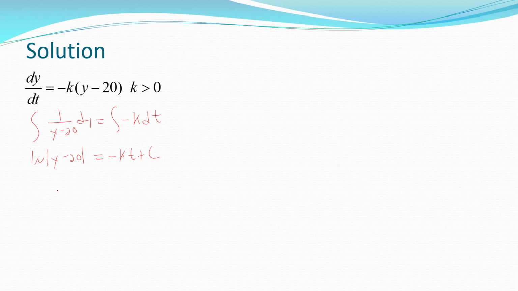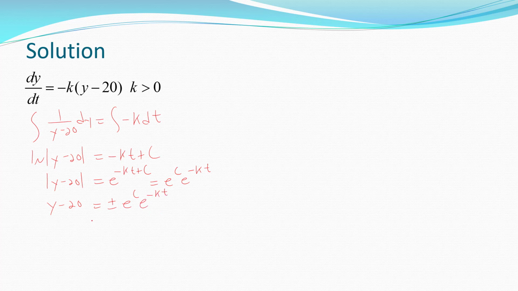So if I exponentiate each side, I'd have the absolute value of y minus 20 would then equal to e to the negative kt plus c. And I can rewrite that as e to the c times e to the negative kt. I can get rid of the absolute value to get y minus 20 is equal to plus or minus e to the c times e to the negative kt.